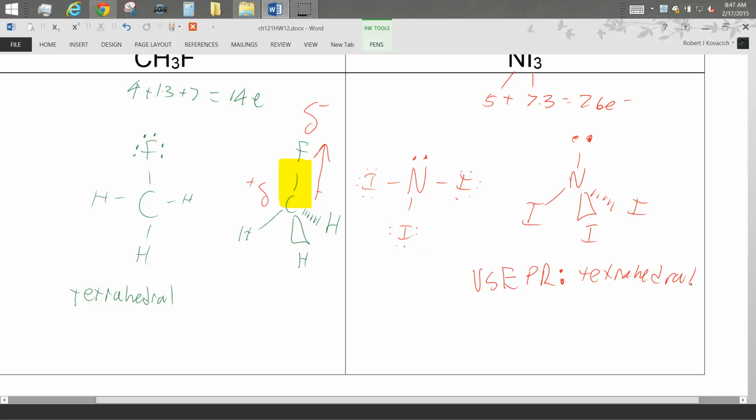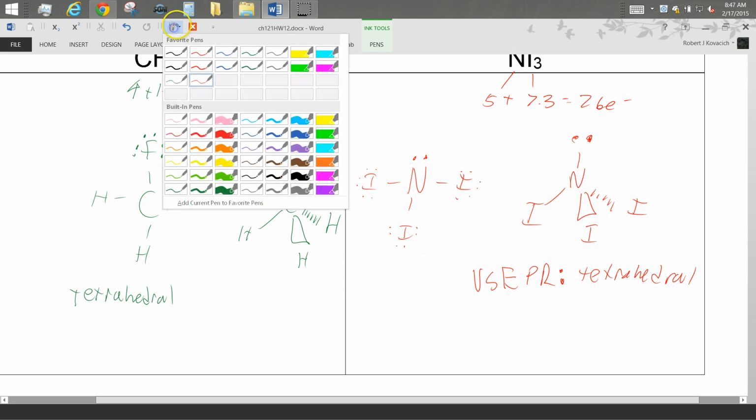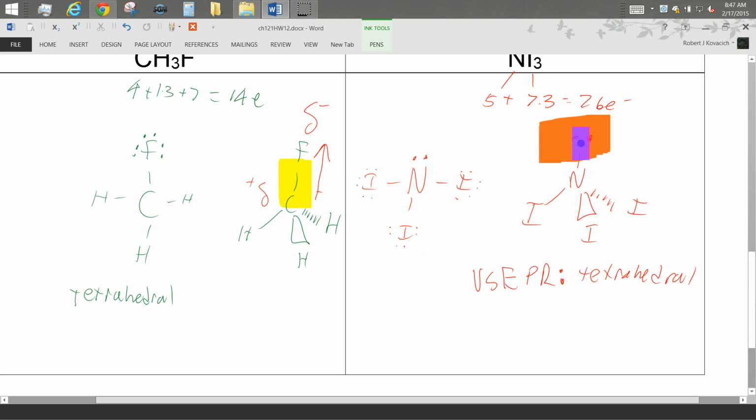Okay, so its VSEPR is tetrahedral, but then I cover these guys up and then ask myself, what's the shape now? And the shape of the molecule is trigonal planar. No, did I say planar?